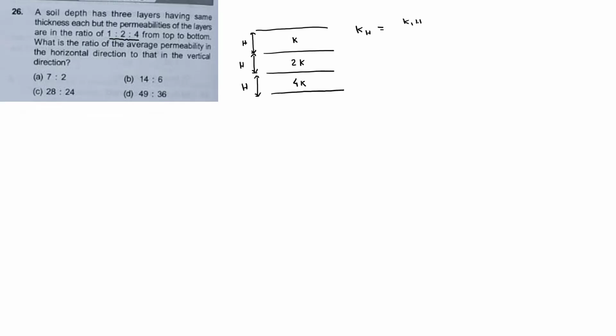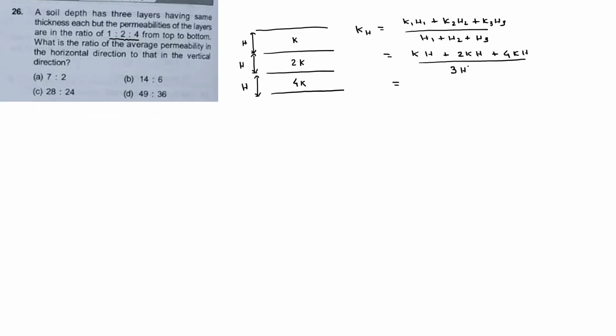So KH, the horizontal permeability, will be K1 H1 plus K2 H2 plus K3 H3 divided by H1 plus H2 plus H3. So K into H plus 2K into H plus 4K into H, divided by H plus H plus H, that is 3H.